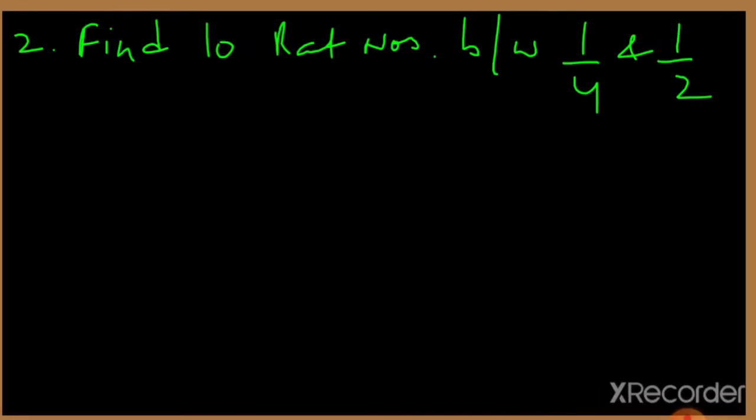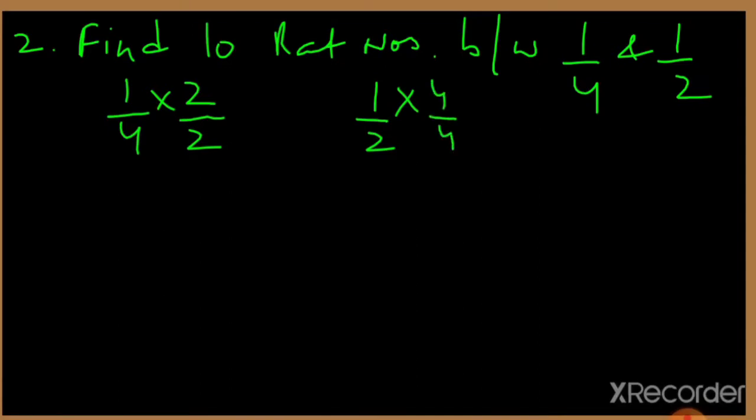How? We can multiply and divide the first number by 2, and multiply and divide the second number by 4. Right? So this gives 2 by 8 and this gives 4 by 8. Now their denominators are the same.